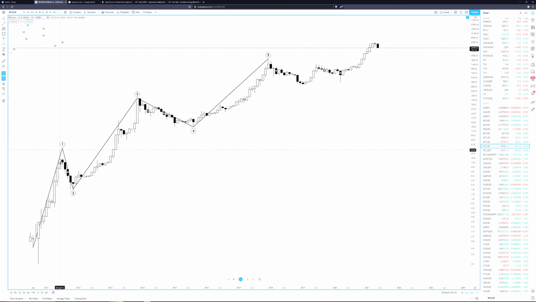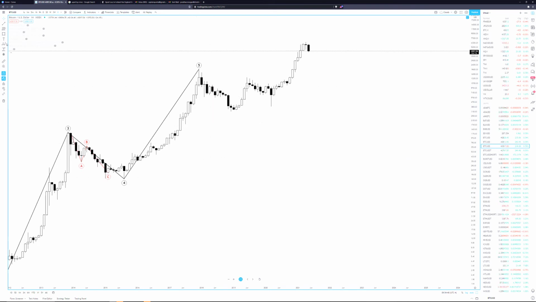So here's a corrective wave, and then here was a corrective wave. All right. And then you had little impulse waves inside: you had 5 waves up in an impulse wave on the inside. Just being kind of sloppy there.